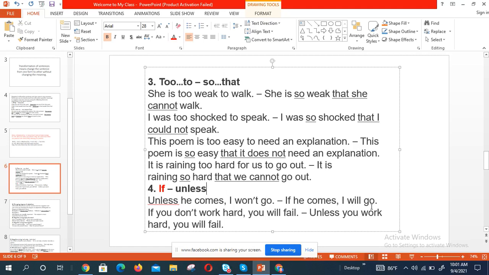If he comes, I will go. If you want to make it negative, you have to use unless instead of if. Then you get the sentence, unless he comes, I would not go.